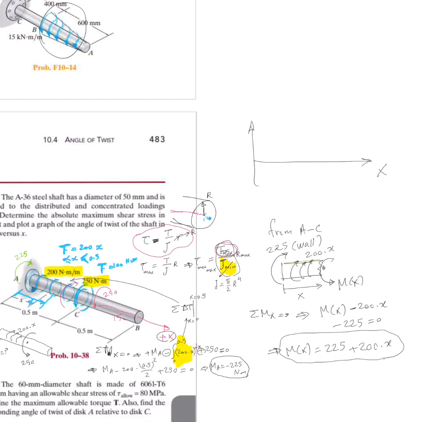this is X, point C, point B, and point A, and T of X, the internal torque. Okay, then I'm gonna have a line. So what is the value of that when X is 0?